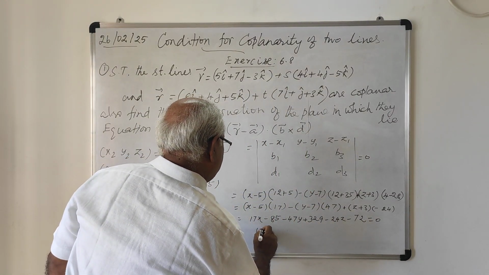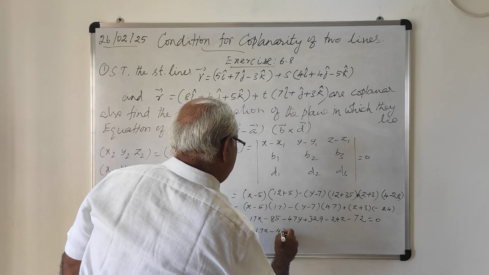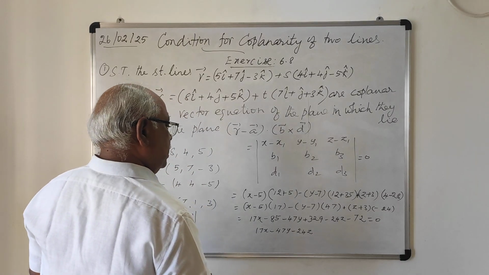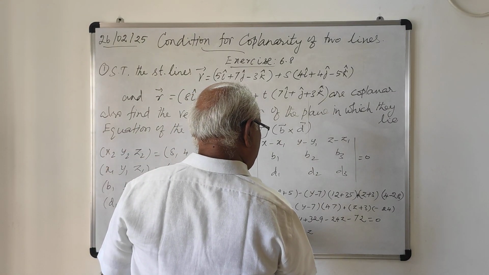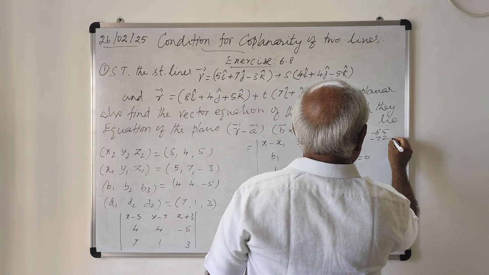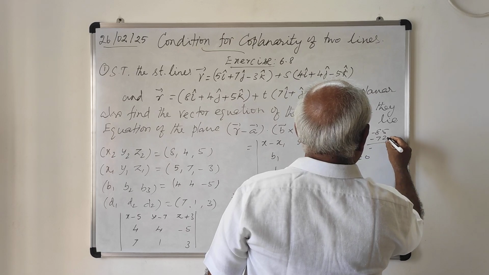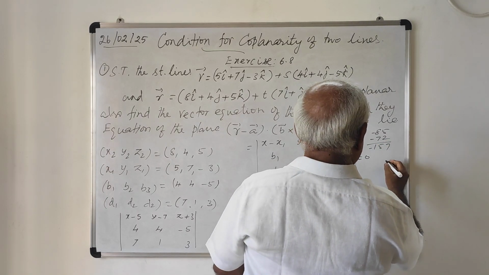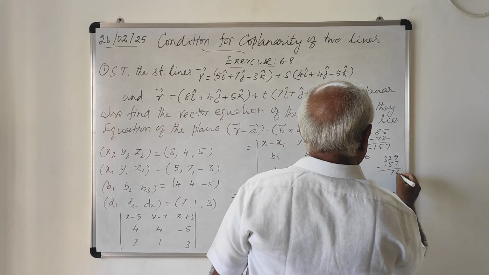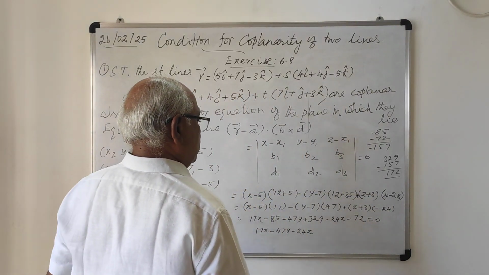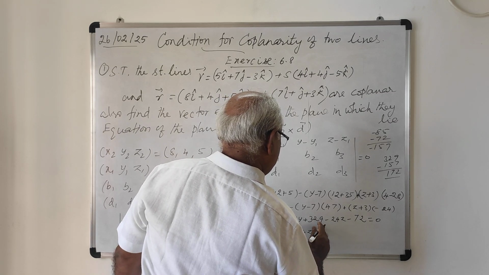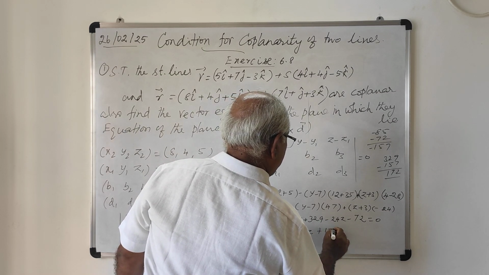So this is 17x minus 47y minus 24z, and see, 85 minus 72, you get minus 157. You get 329 minus 157, you get plus 172 equal to 0.